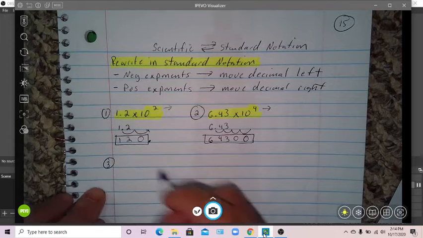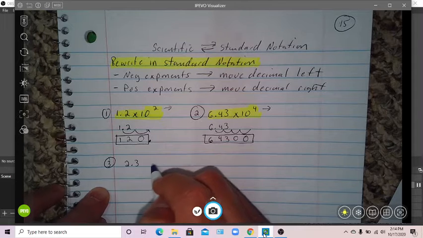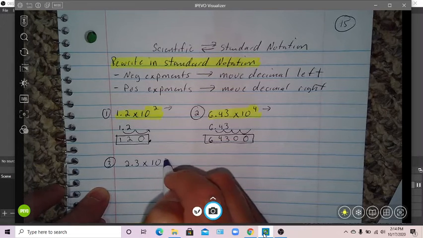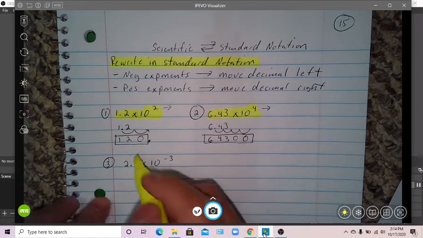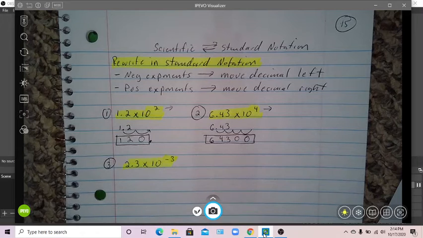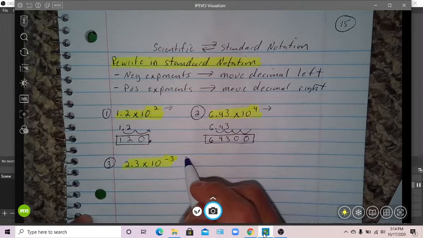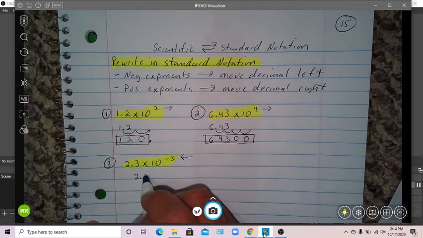Alright, so number 3, you have this, 2.3 times 10 to the negative 3. Okay, so this time we have a negative exponent. So for negative exponents, we're going to move the decimal to the left. Alright, so let's write that 2.3 here.